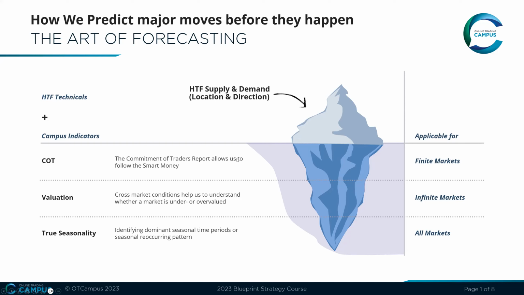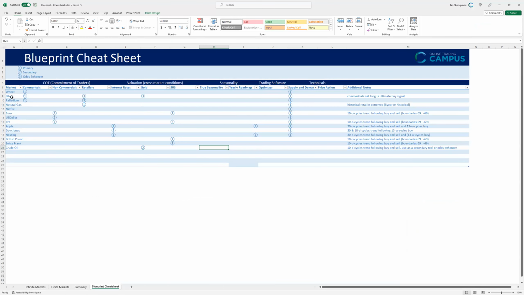So for example, if I'm looking at silver and the commercials are buying, I know that I want to buy, correct? Now, the question is, when do I want to buy? That's where true seasonality is going to come into play.